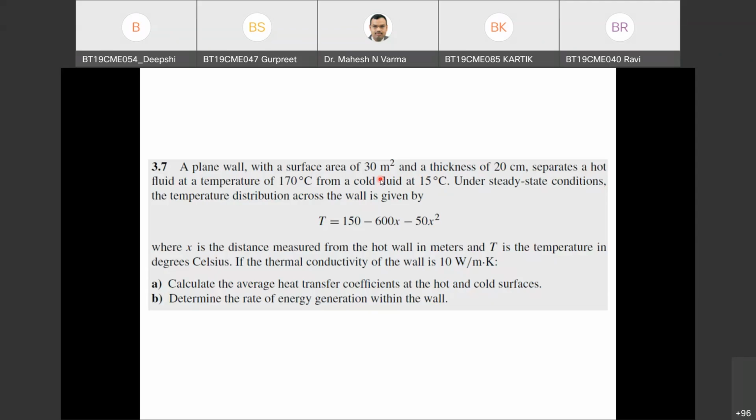Again, thickness is given in centimeter and this distance is measured in meter. T is the temperature in degree Celsius. If the thermal conductivity of the wall is 10 watt per meter Kelvin, calculate the average heat transfer coefficient.